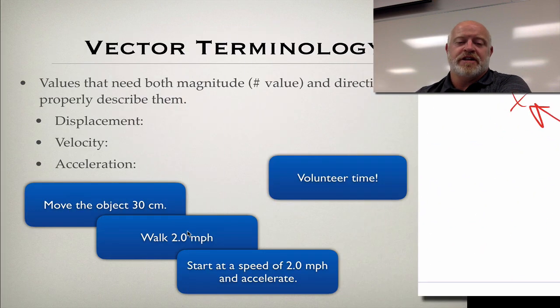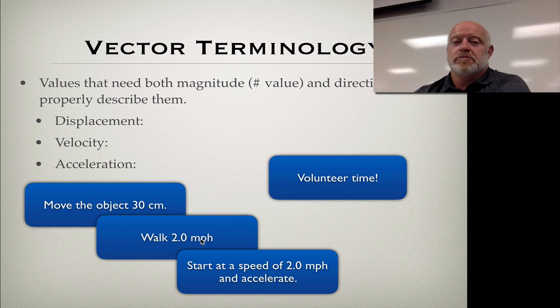Same here for velocity. Walk 2 miles per hour. Walking 2 miles per hour is about what you do down the hallway. It's not very fast. It's just a nice little walk. But if I say walk 2 miles per hour, and I wanted every person in the room to head the same direction and end at the same place, or move in unison, that wouldn't happen, because I don't give a direction to it. So the idea of being a vector, vectors a lot of times are represented by arrows.